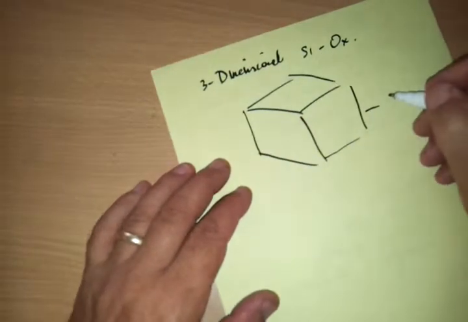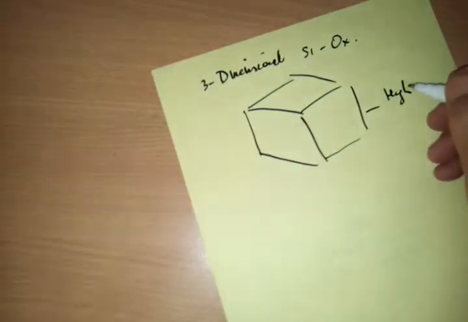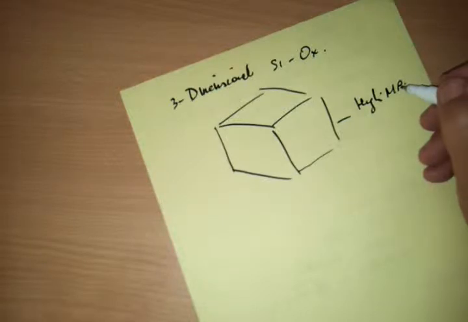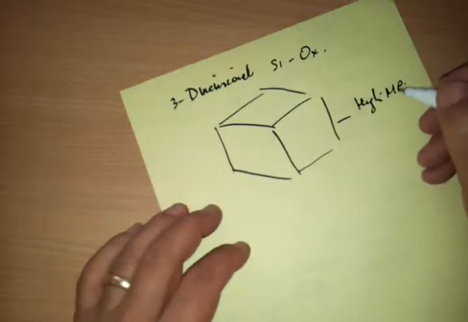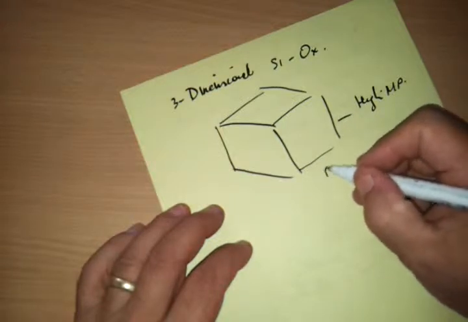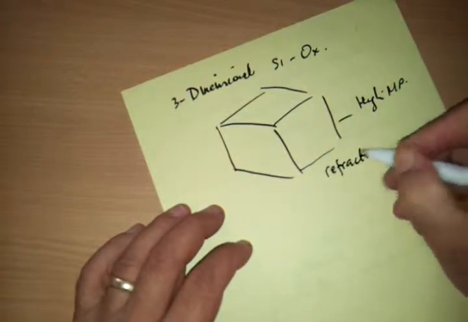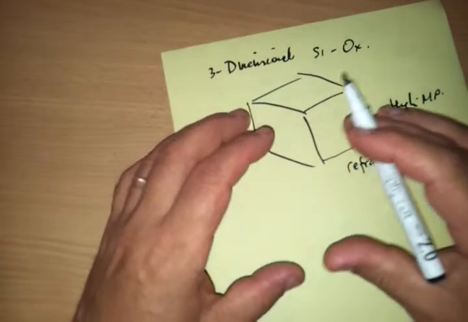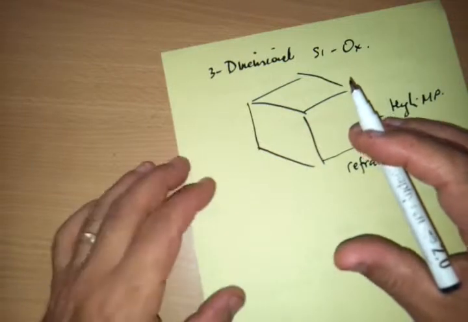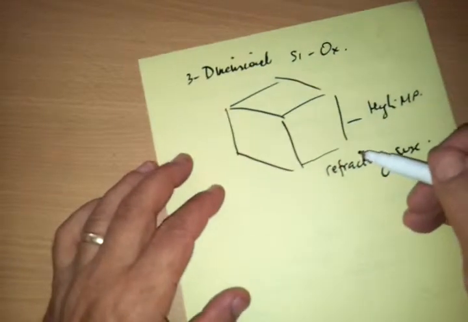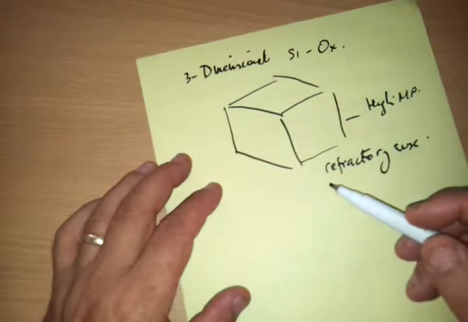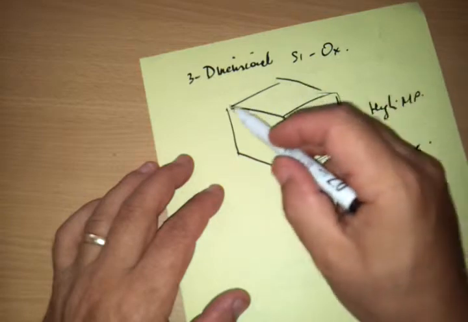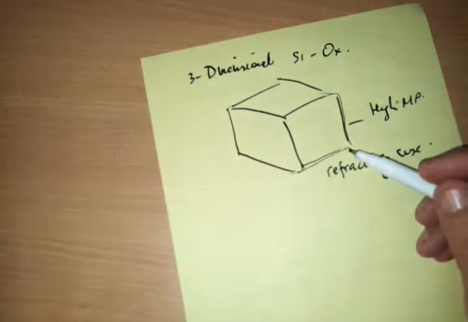And it typically has a high melting point, and it can be used in the areas of refractory use, which means that it could be made out of special bricks that could be used in melting furnaces where metals are being melted. So the very high melting point can have that effect and make it useful as a building material in furnaces to resist the heat created by molten metals.